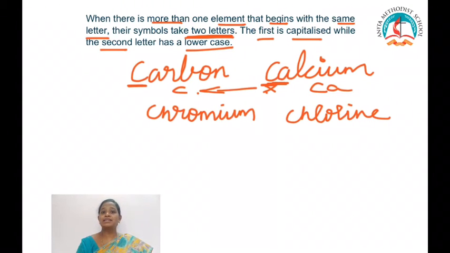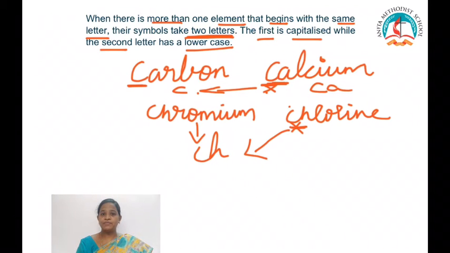But I can't take the same for chlorine because it is already denoting chromium. So, for chlorine I take C and skip the second letter h. Instead of the second letter, I take the third letter l. So, for chlorine, the symbol is Cl. C is capital and l is lowercase.